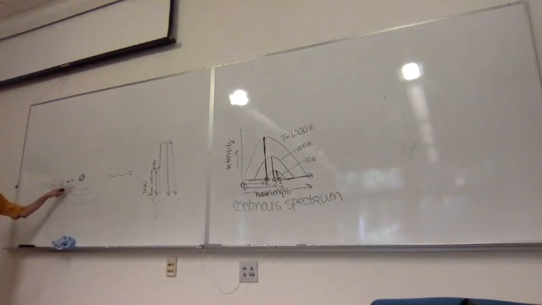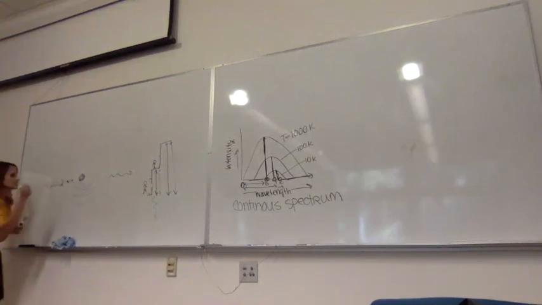Then later on it's going to get sick or whatever. It's tired of being up in this one, and it's going to jump back down to the original one and get rid of that blue light, but it's going to emit it in a different direction.